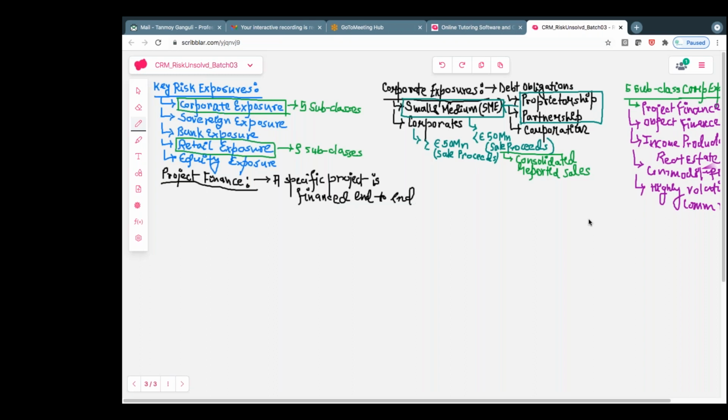Was to look into the different kinds of exposures that the bank had, because the capital would be calculated based on the exposures.